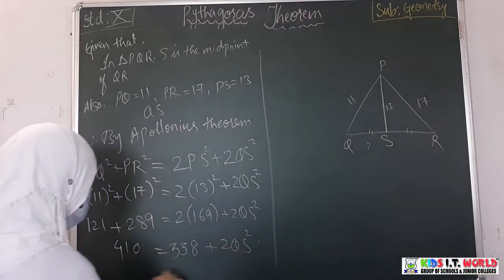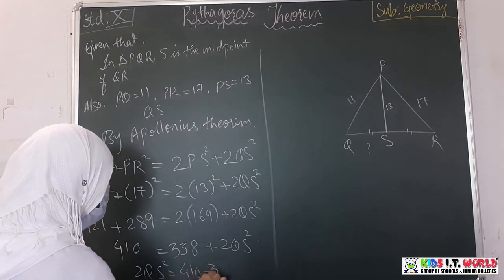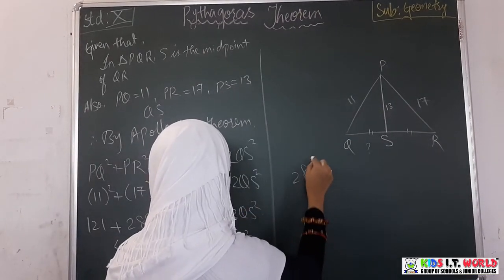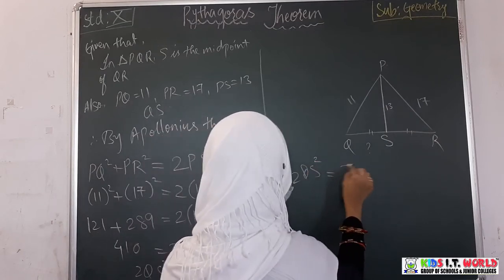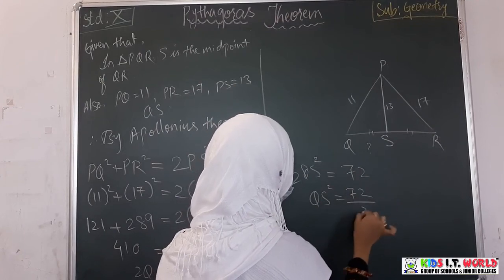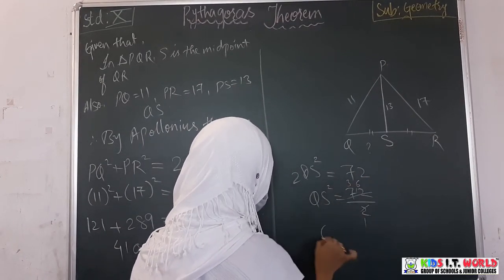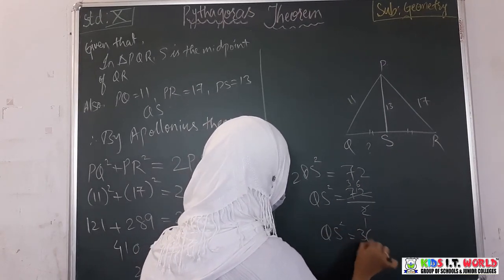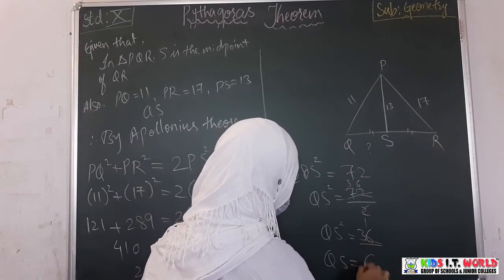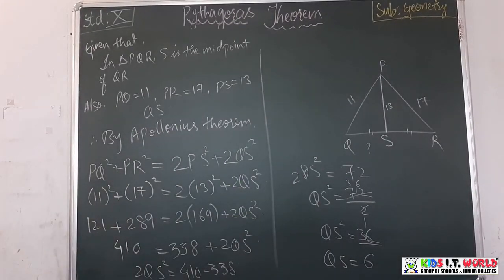Now 2QS square is equal to 410 minus 338, so 2QS square is equal to 72. QS is 6 only, by Apollonius theorem.